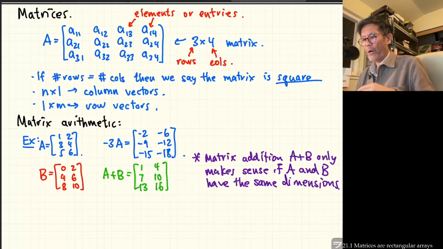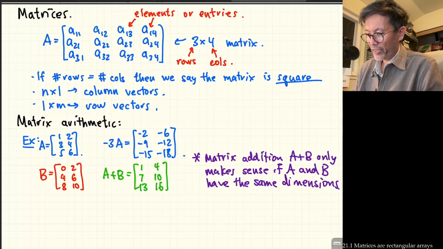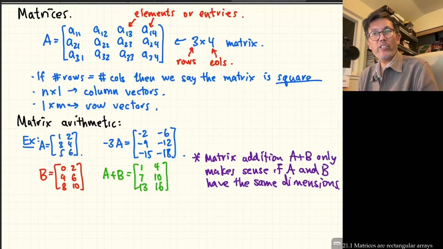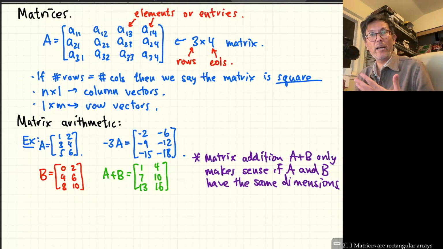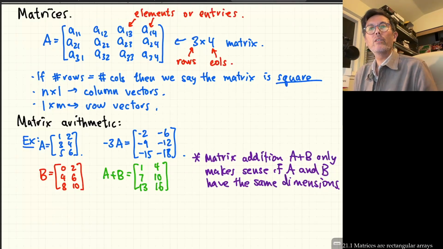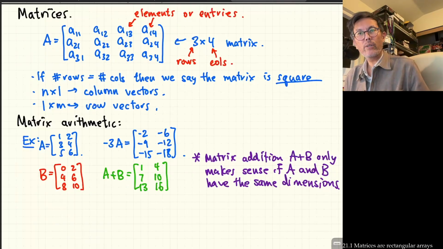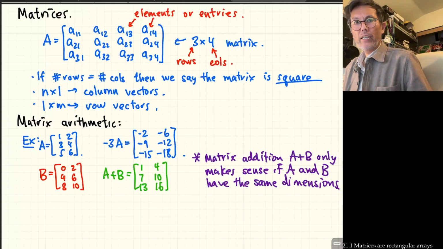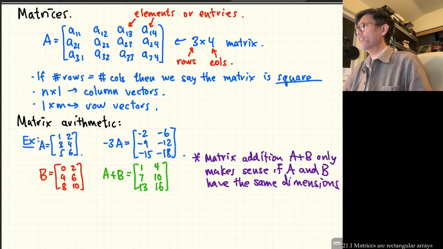So for example, if I was to try to add this matrix here to this matrix here, because there is a mismatch in the dimensions, this one's 3 by 4, whereas this one's 3 by 2, I can't add these things together. All right, so that's matrix addition. It's very, very simple.